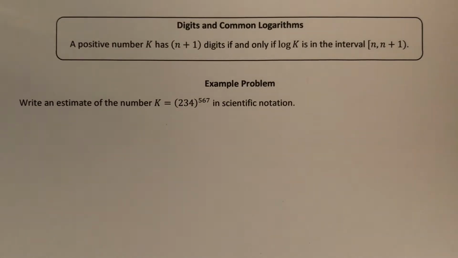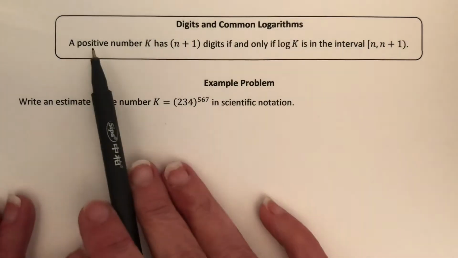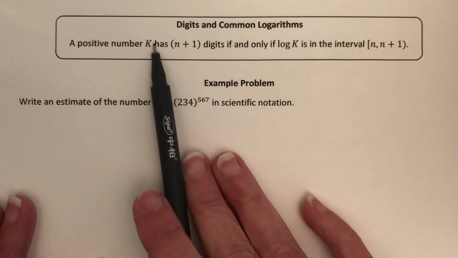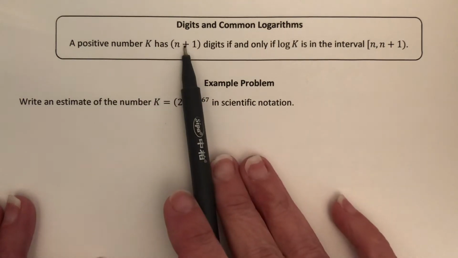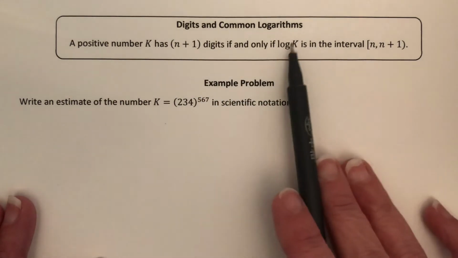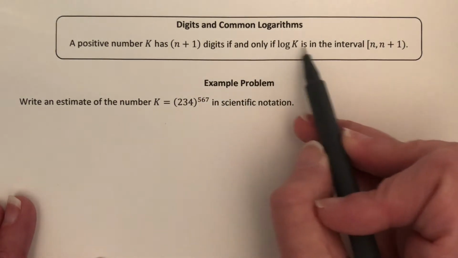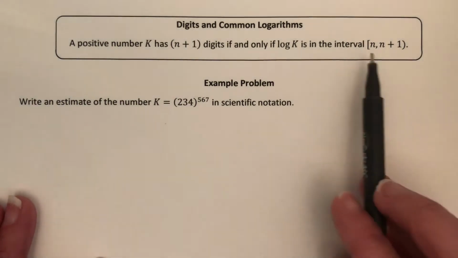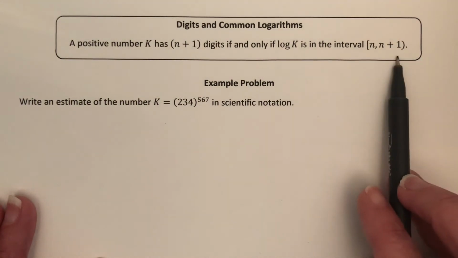So this is an interesting application of logarithms. We can estimate really large numbers using this. What this says is a positive number k has n plus 1 digits if and only if log of k, that's common log of k, is in the interval n to n plus 1.